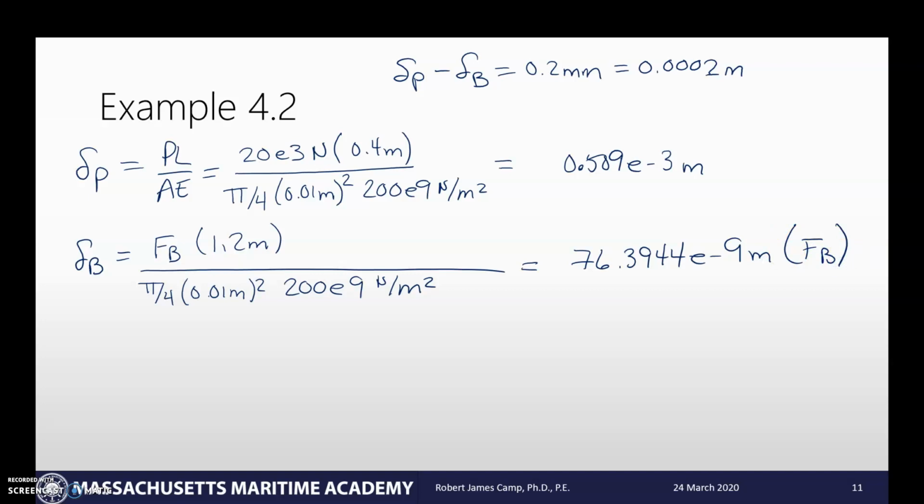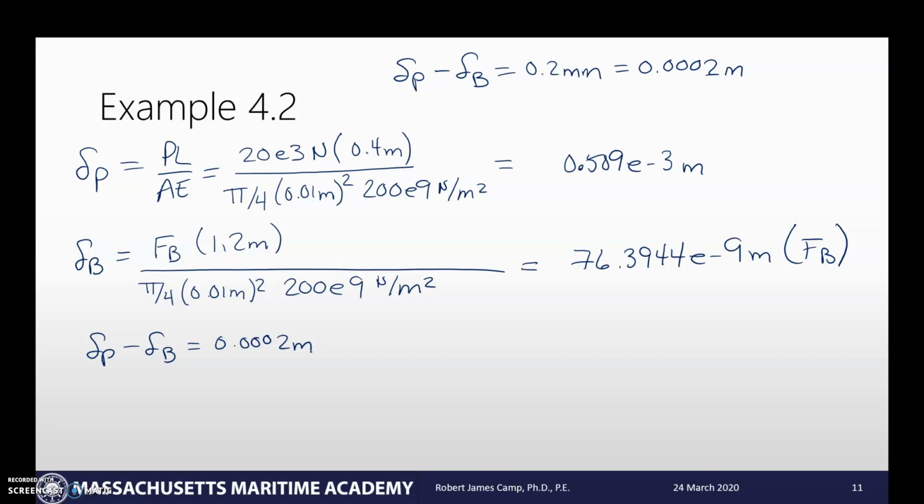Okay, so now what do we do? Well, I know that the deflection of the first force minus the deflection of us pushing back has to equal 0.0002 meters. Sometimes this would be 0 if it was tucked into the gap, but the bar is allowed to grow by 0.2 millimeters, so we have to take that into account.